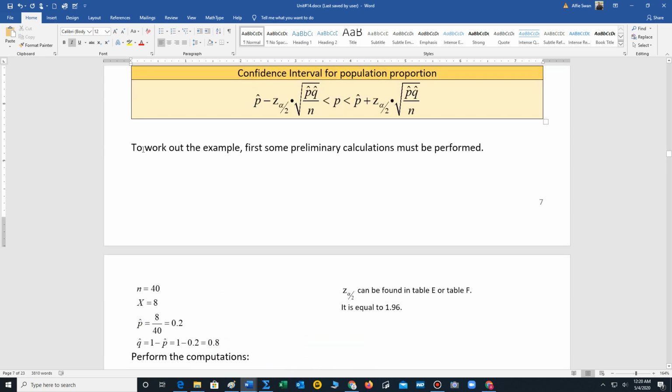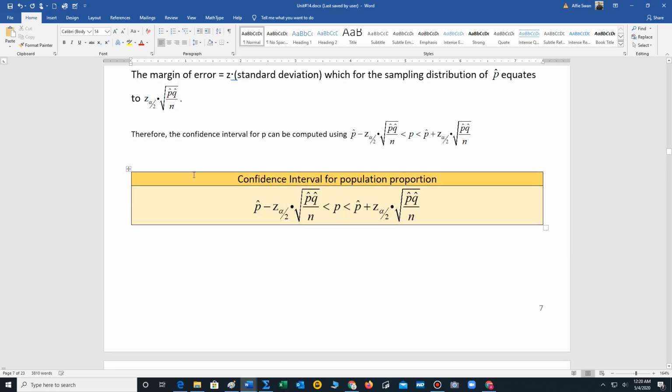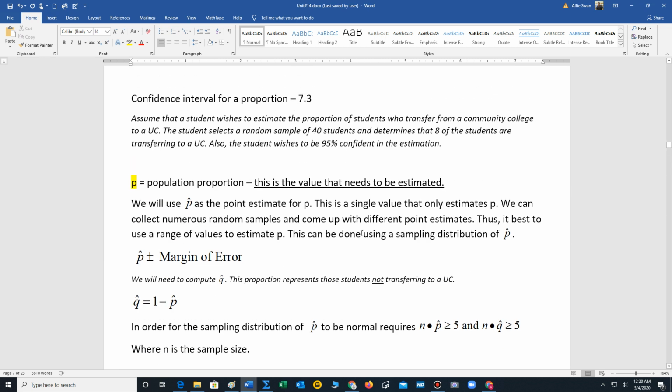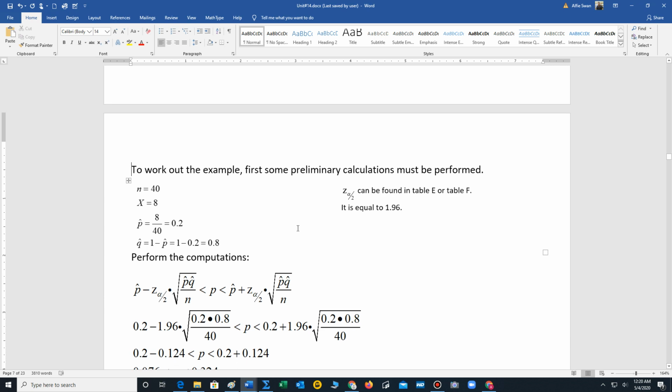So let's work out the example that we mentioned above, which is this example here. So the first step is we're going to calculate P hat. So we have 40 students, 8 of them are transferring to UC, thus P hat is 8 out of 40, which is 0.2. Q hat, the proportion of those not transferring to UC, is 1 minus P hat, 1 minus 0.2, which is 0.8.